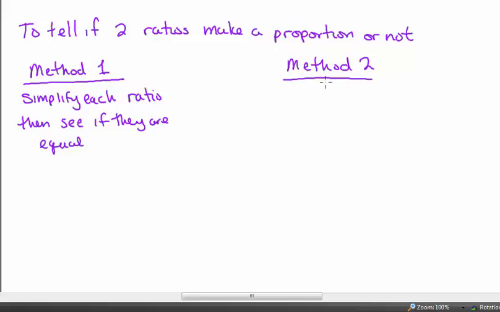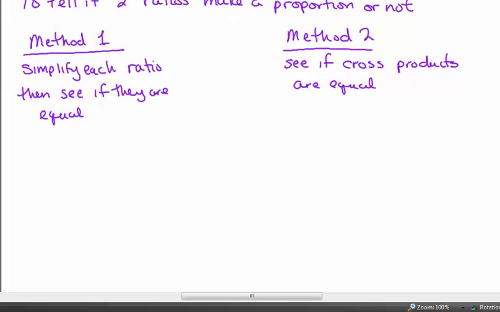And method 2 is to see if the cross products are equal. You can do either method. We're going to start with simplifying. So we'll start with method 1, and then we'll go to method 2 in a moment.